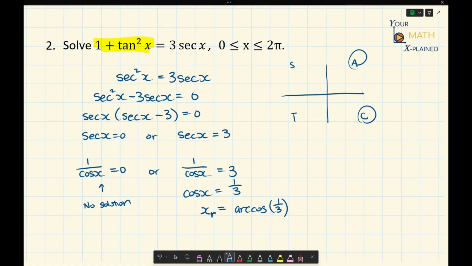So if our reference angle is arc cos of 1 over 3, then our angle in standard position is x is equal to arc cos of 1 over 3. This would be the solution in quadrant 1. And then our other solution would be x is equal to 2 pi minus arc cos of 1 over 3. And this would be the solution that's in quadrant 4.